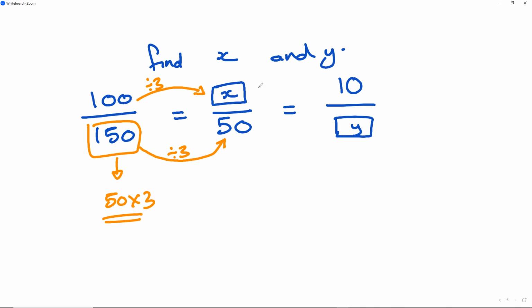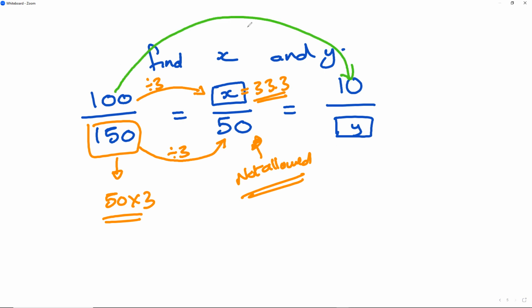But if I had to use a calculator, it would be 33.3, which is actually not something I would use. So this is technically not allowed. We don't want any decimals in a fraction.